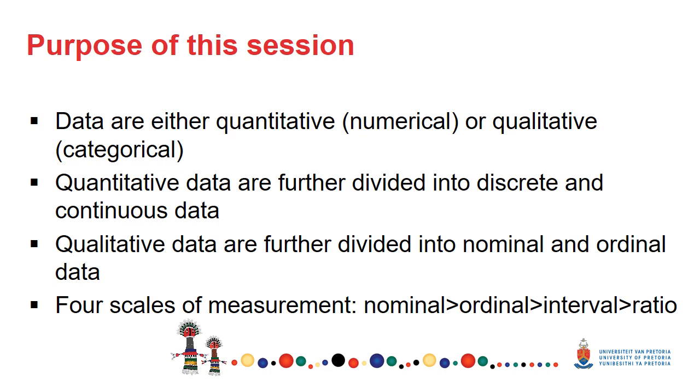We will also talk about 4 scales of measurement, moving from nominal to ordinal to interval to ratio scale. It is important to know the different types of data because the type of statistical analysis depends on the type of data. In other words, if you don't know the type of data you have, then you don't know what statistics can be performed on your data.